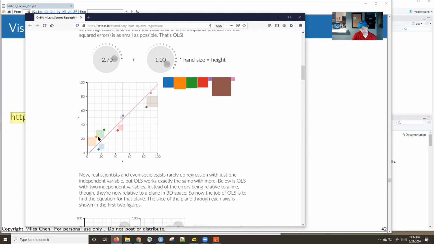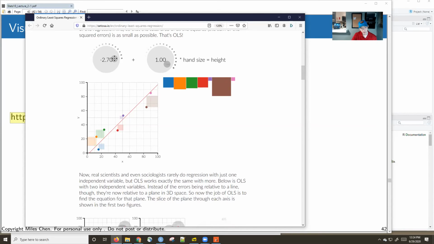So every dot has its own vertical distance, its own residual, and we are squaring that distance. This brown dot has a residual, and we square that, and this is how big it gets. This pink dot is very close to the line, so its residual is very small, and when we square it, it's about this big.